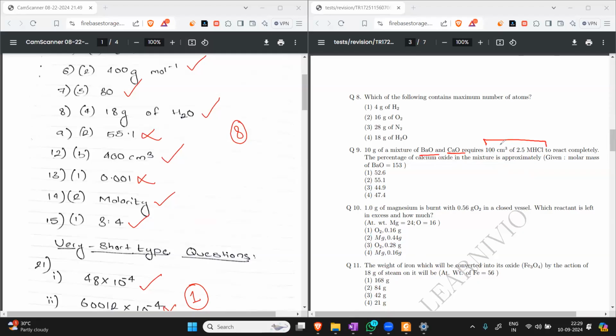You can see the answer it is coming as 52.6, ठीक है. The calculation is lengthy. I can understand that.